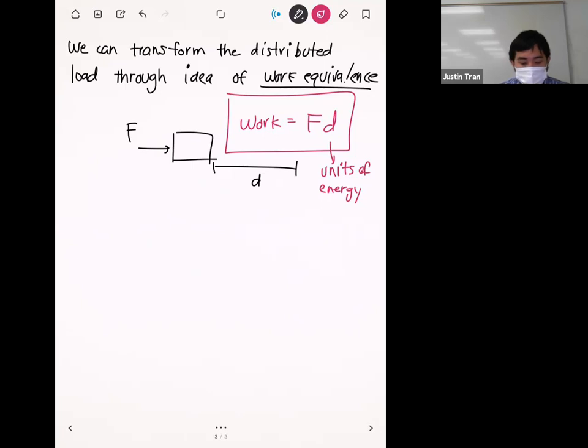And so whenever you apply a load onto a structure, and that load causes the structure to deform, you can basically say that load is performing work.